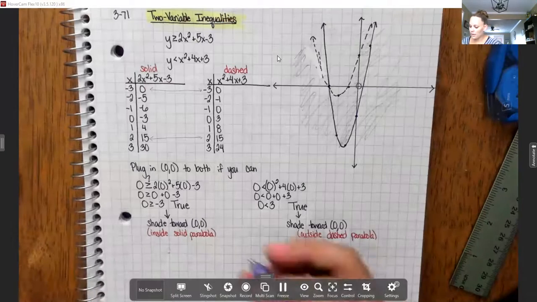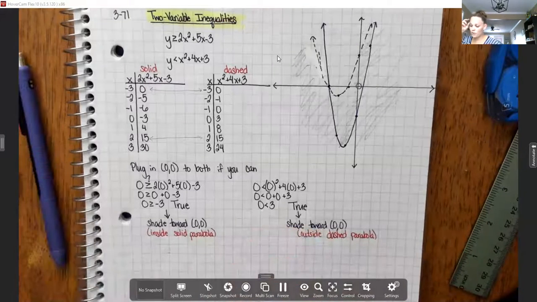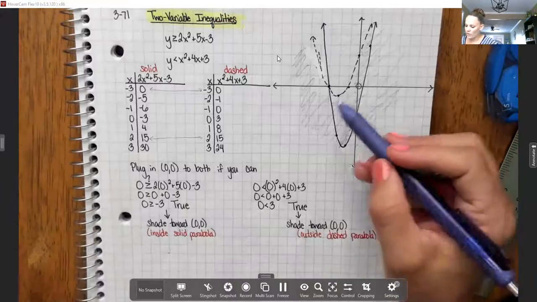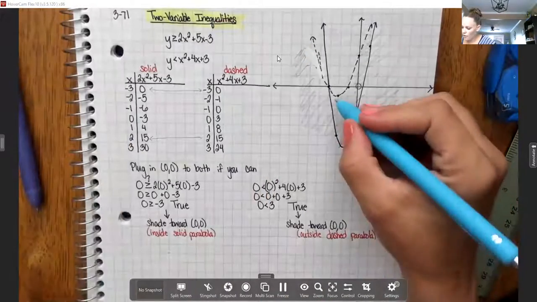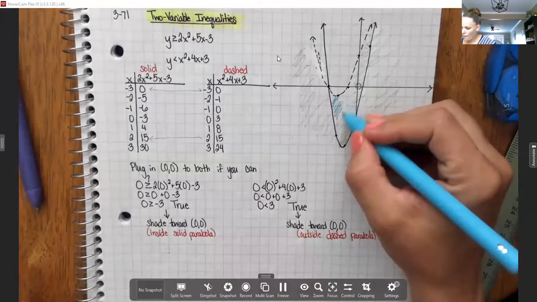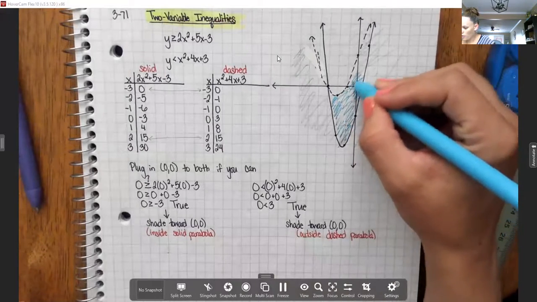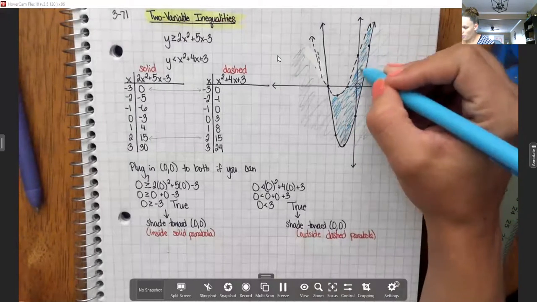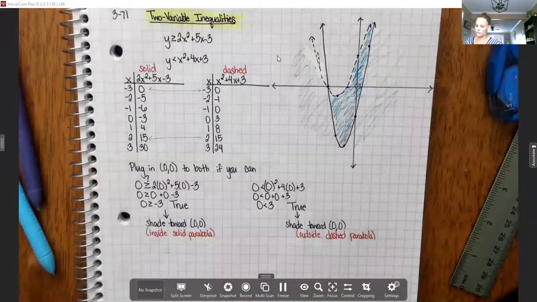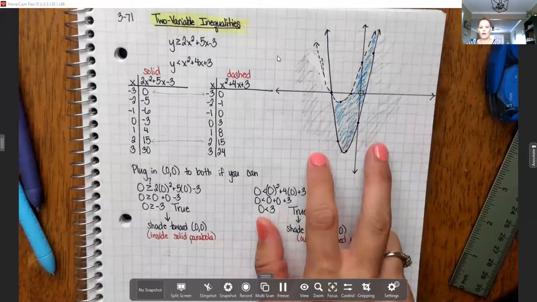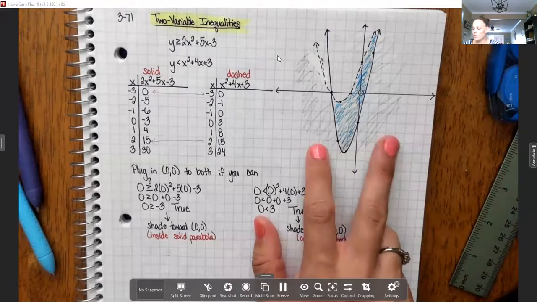And then basically we look at where they overlap. So where both of them were shaded was everywhere in here. This is where if you had different colored pencils, you would be able to see it a little bit better.